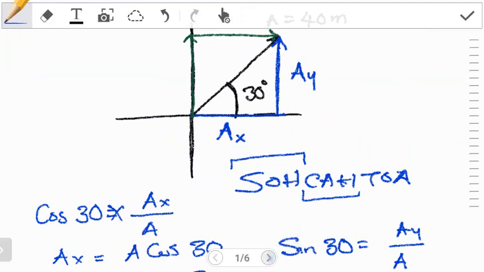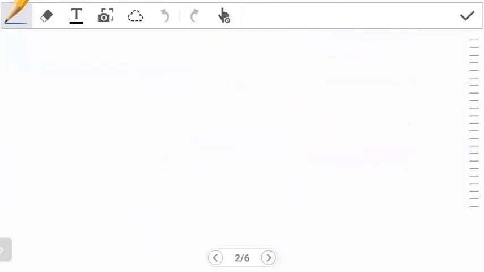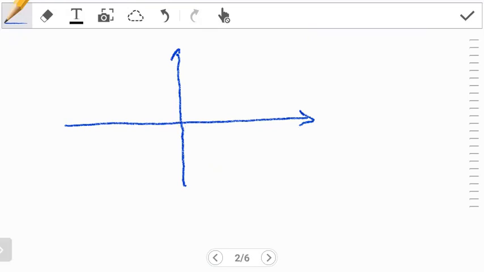Now let's look at another example. With this example, let's say the vector that we're given is in the second quadrant. So let's say that now the vector we're given is this side.